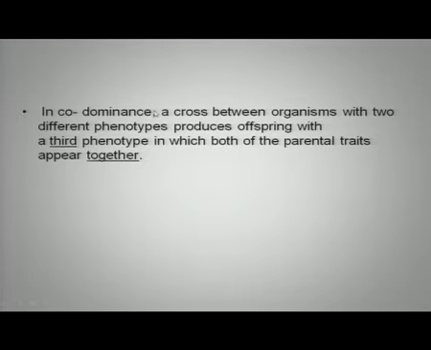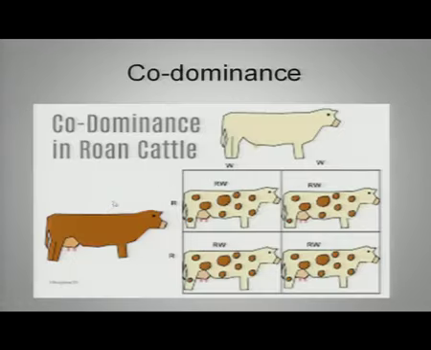Thus, in codominance, a cross between organisms with two different phenotypes produces offspring with a third phenotype in which both the parental traits appear together. There is no mixing or blending. This is a typical example of codominance seen in cattle, the hair color, the coat color.